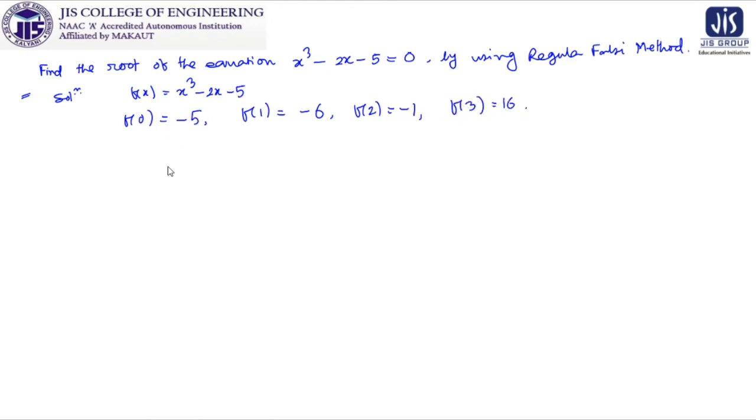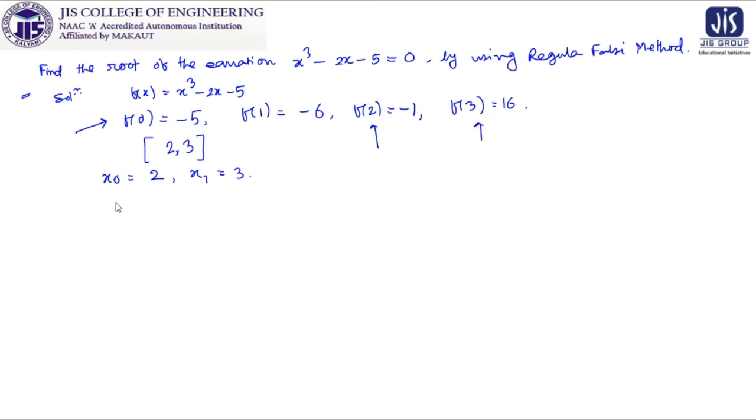So from this calculation we decide that there is a root guaranteed in the closed interval 2 and 3. That is why we choose x0 is equal to 2 and x1 is equal to 3, taking f2 is equal to minus 1 and f3 is equal to 16.